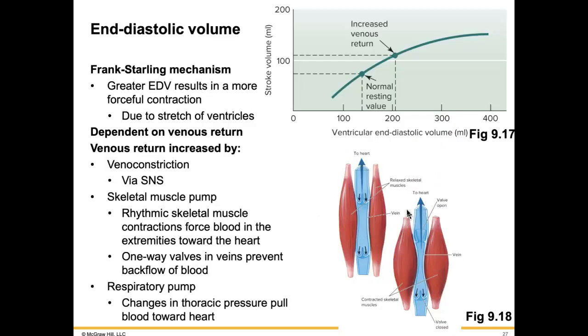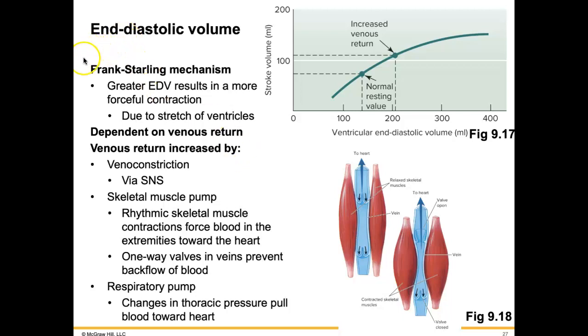So let's take a look at that end diastolic volume a little bit closer. As that blood fills into the ventricle, we have this greater stretch of our ventricles. And so the more that we stretch, the more force the ventricle is going to want to have to push that blood out of the ventricle.